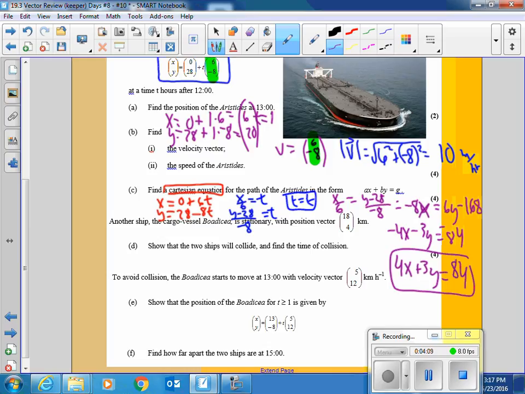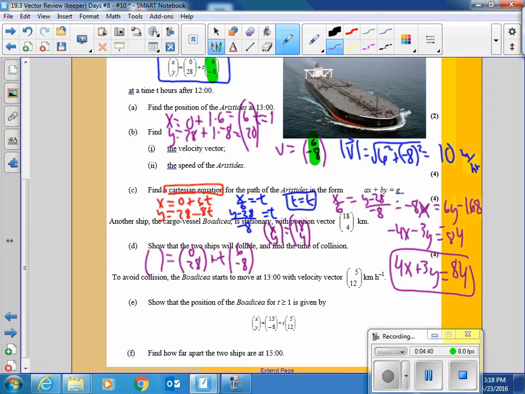Another ship is stationary with a point, so this ship is stationary. So (x, y) just equals (18, 4), just sitting out there. Show that the two ships will collide and find the time. So we go back to (x, y) equals (0, 28) plus t times (6, negative 8).